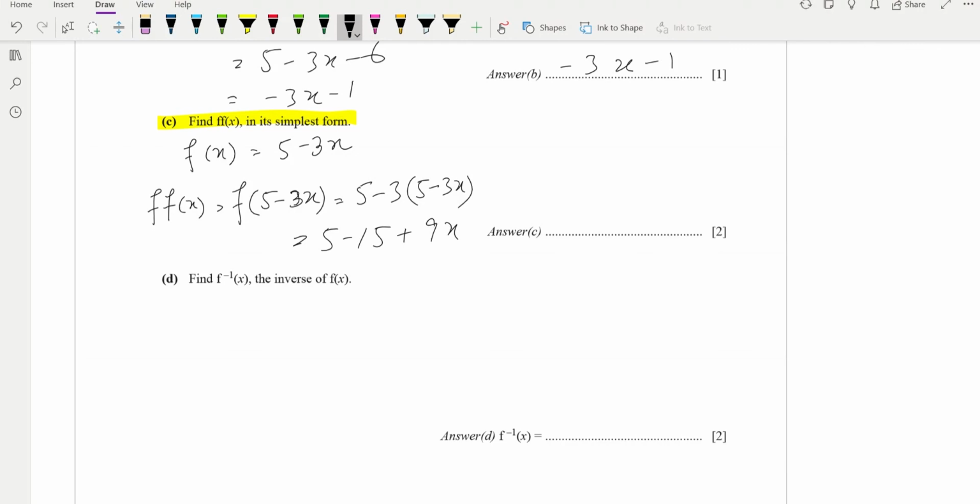So this will be equal to what? 5 minus 15 will be minus 10, so 9x minus 10. So this will be answer 9x minus 10.